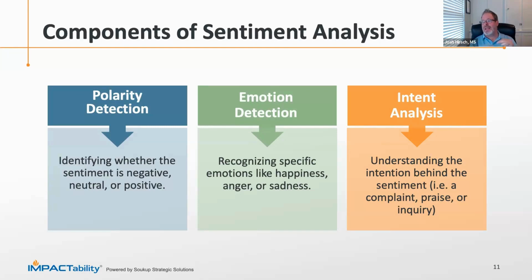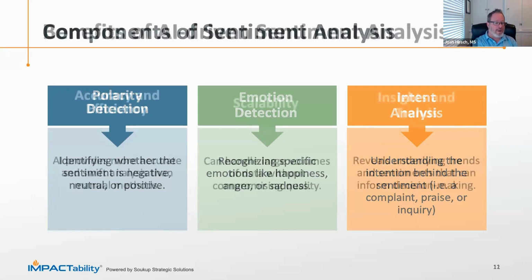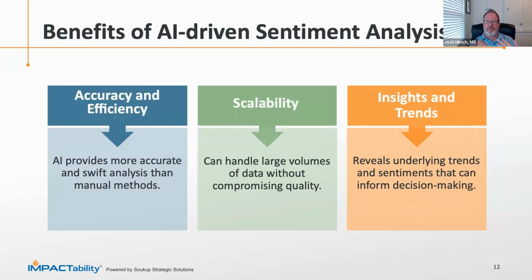And then lastly, what is the intent behind the sentiment? Are they giving you positive praise, or are they saying, listen, I had a really bad experience with your organization. I wanted to donate more money, but because of the experience I had, I don't know if I should. Using sentiment analysis is going to allow you to find out this information and then, based upon it, create strategies to be much more effective.